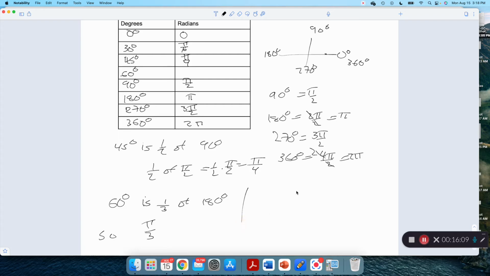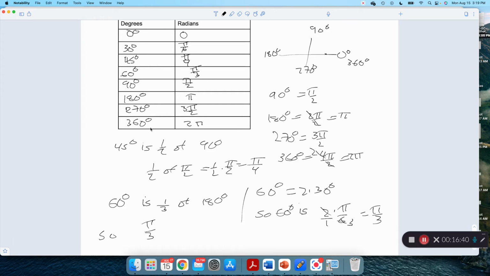Or I could think 60 is just twice 30. So 60 degrees is twice 30, 2 times pi over 6. Make that a 2 over 1, do a little canceling there, pi over 3. So 60 degrees is pi over 3 radians.